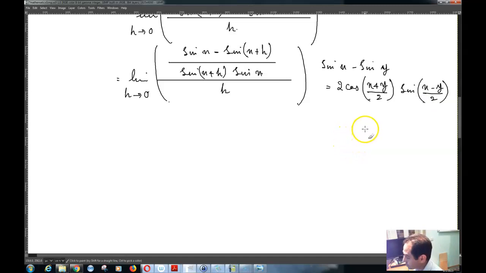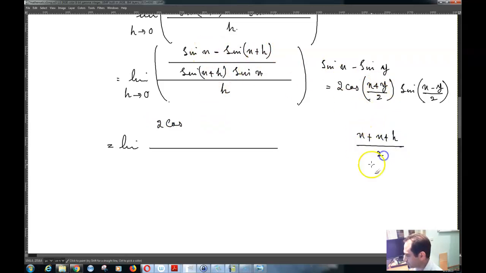Okay, so then I can write this as the limit of 2 times cos, so x plus y divided by 2 would be x plus h divided by 2, which is 2x plus h divided by 2.